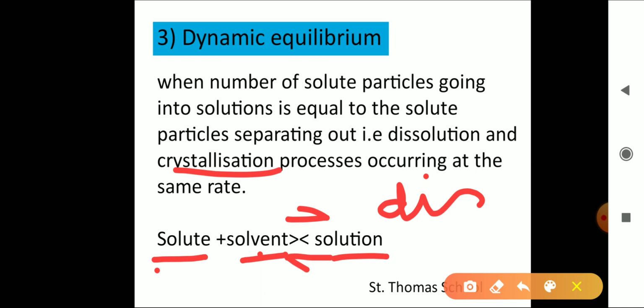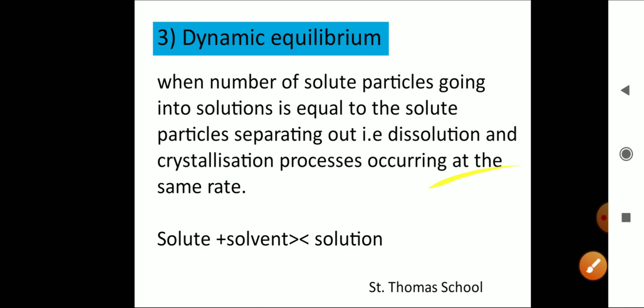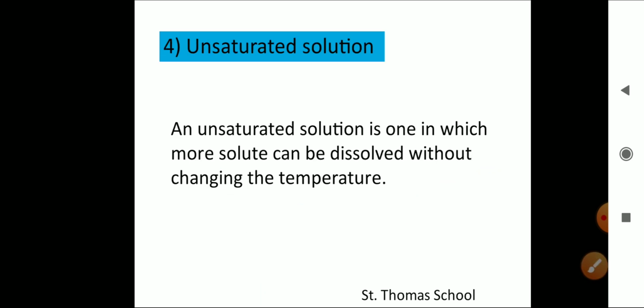Okay, according to this process we classify the solutions into two parts, that is saturated and unsaturated solution. Okay, so first we will see what is unsaturated solution.